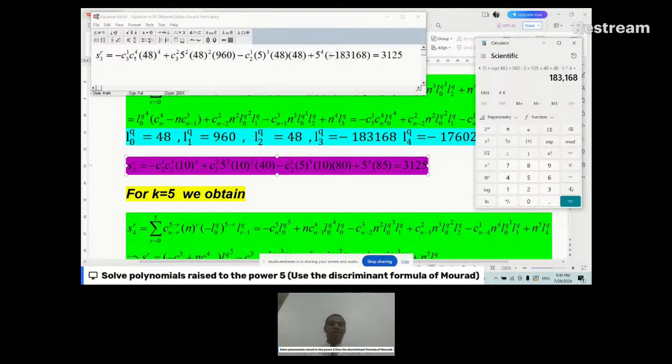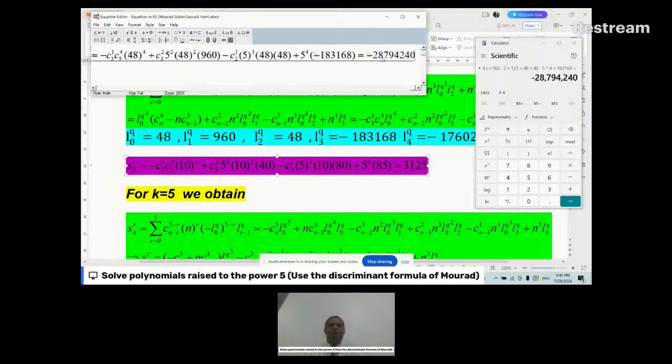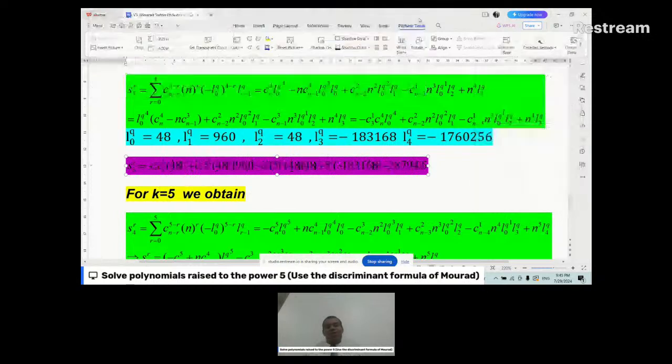This one, learners, has to be equal to that. So what is the answer, learners? The answer, it's written in front of you, is negative 28 million, 794,240. This is the value of S3. Okay, we finished now the value of S3.